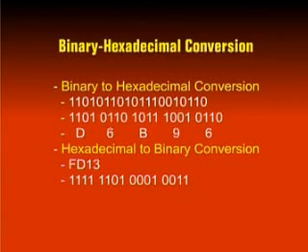The next hexadecimal digit 1, its binary equivalent is 0001. The third hexadecimal digit D has the binary equivalent of 1101. And the final hexadecimal digit F has the binary equivalent 1111. Now, if you combine all these bits, it gives the binary representation of the hexadecimal number FD13.